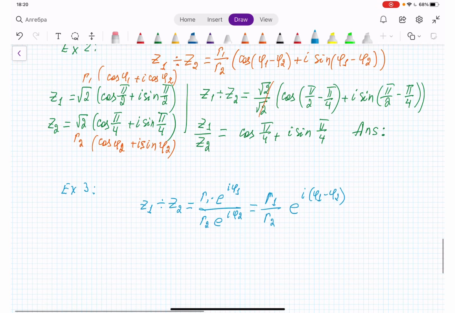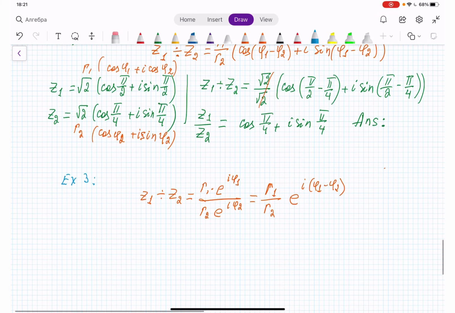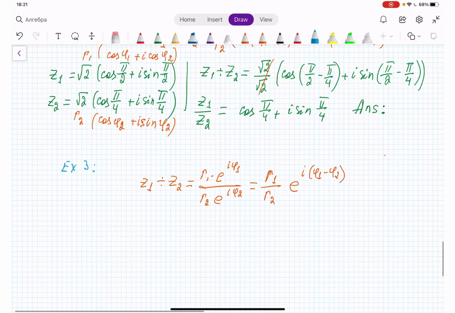Okay, so here is our example. I can put this formula in this format, and the rest we can do in blue. Previously it was trig format, now you have exponential format.